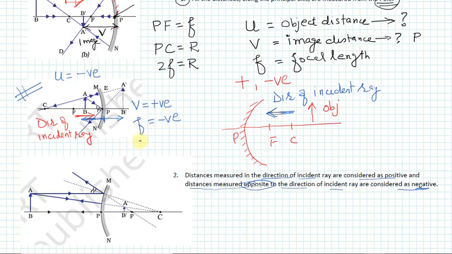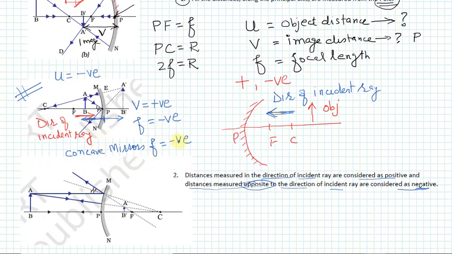Now you can conclude that always for concave mirrors F is negative, right?